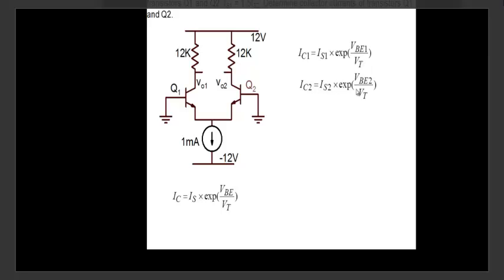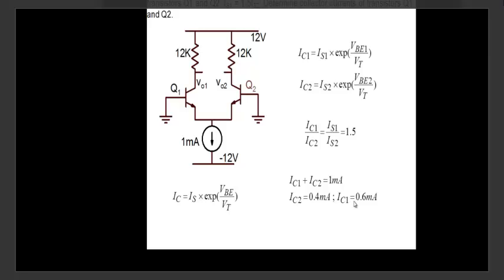IC2 is IS2 exponent VBE2 by VT. In general, let's take the ratio IC1 by IC2. Note that base emitter voltage of 1 and base emitter voltage of 2 are exactly the same. They cancel out. So IC1 by IC2 is 1.5. And the sum of the two we already know is 1 milliampere. And therefore we find out whatever is the value here, 0.4 and 0.6.